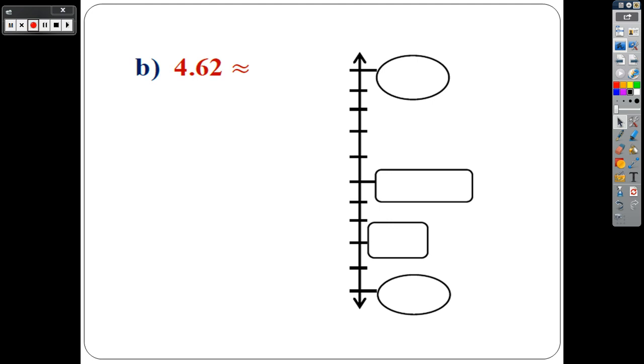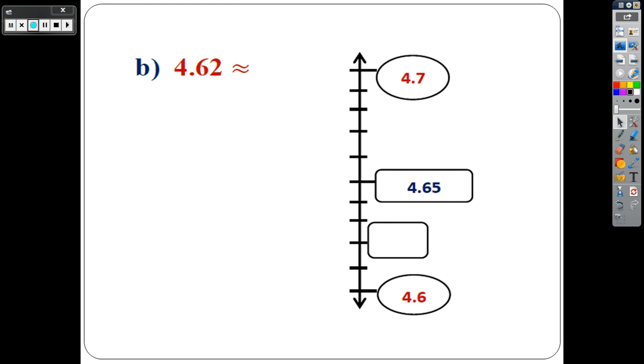This number lies between 4.6, the smaller one, and 4.7, the larger one. What is the midpoint of these two numbers? The midpoint will be 4.65.